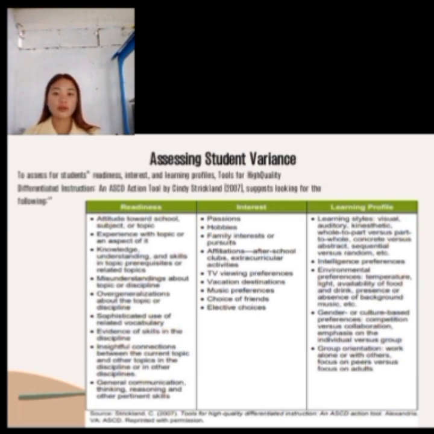So that's all about how to assess students according to their variance.